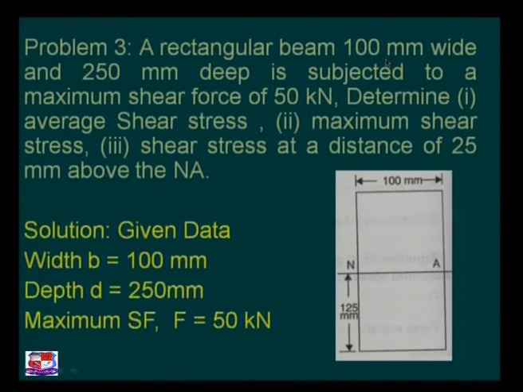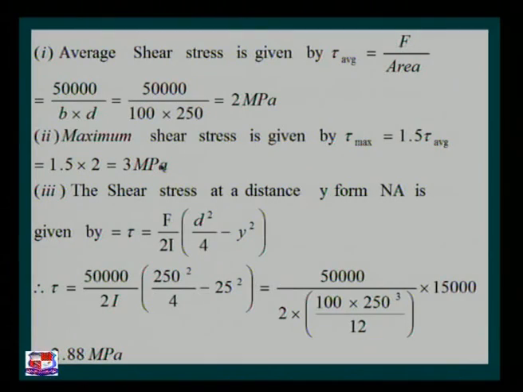A rectangular beam of 100 mm width and depth of 250 mm has been given to us. The maximum shear force for this section is 50 kN. The intention is to find out first the average shear stress.